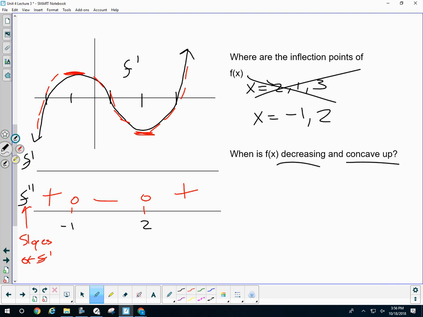Now we got to think back to our quiz today and our lesson last class, f prime signs. Now we are looking at the zeros for f prime, just like we did for our quiz today. And then we look around our zeros and between our zeros for our signs.